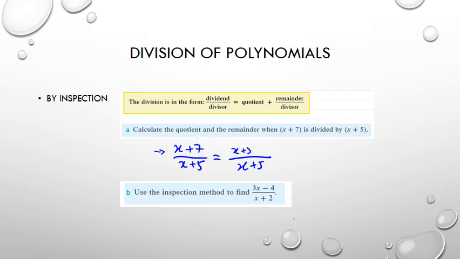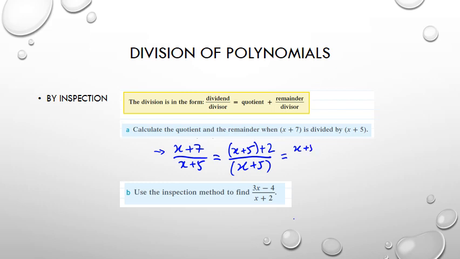So let's write x plus 5 in, because the coefficient in front of x in x plus 7 is only a 1. Now x plus 5, adding something gives you a 7, which is 2. So you just simply fill that in, so it's equivalent to the first line.